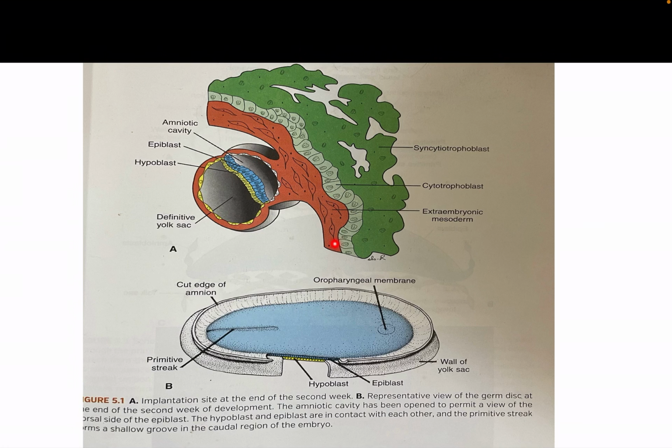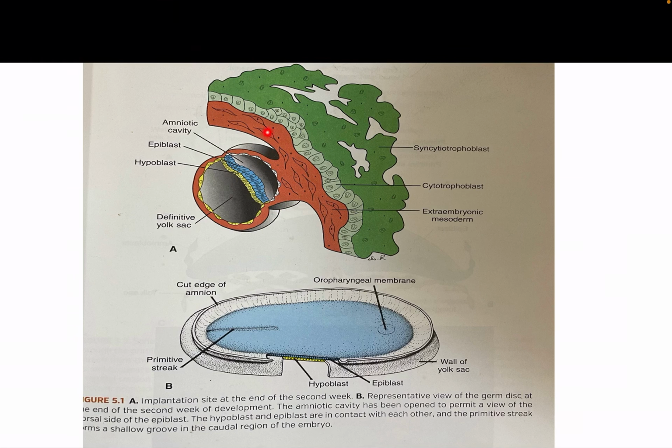And this is number 4. Number 1 is the splanchnic mesoderm. Number 2 is the somatic mesoderm around the amniotic sac. This connection from here is the connecting stalk, number 3, a derivative of extraembryonic mesoderm.